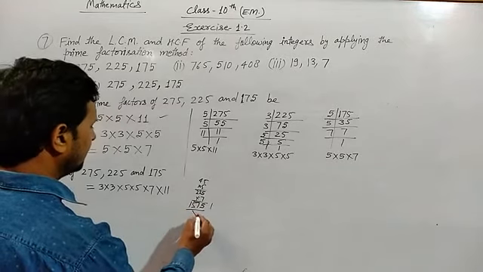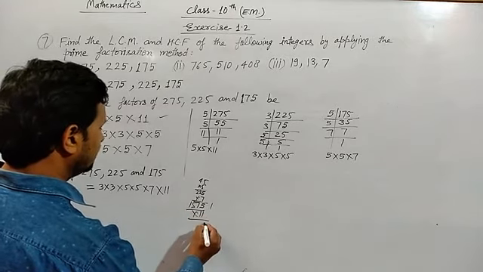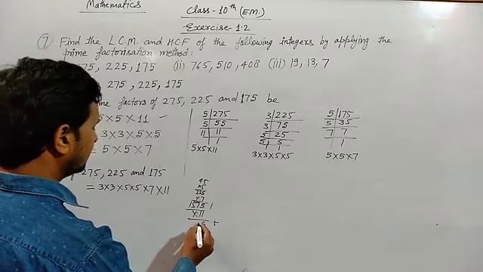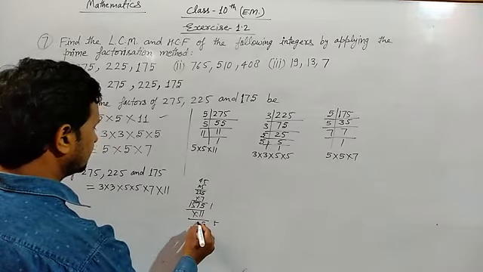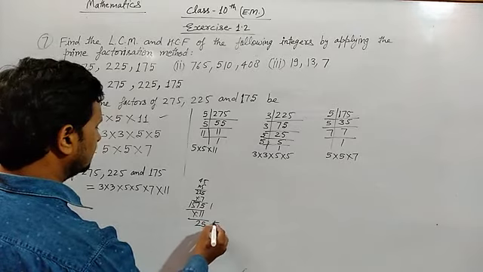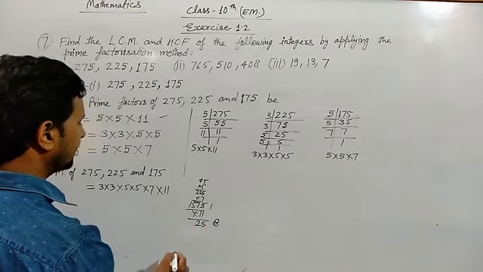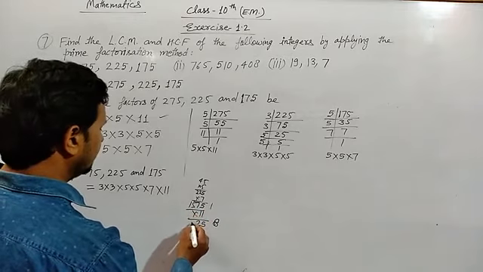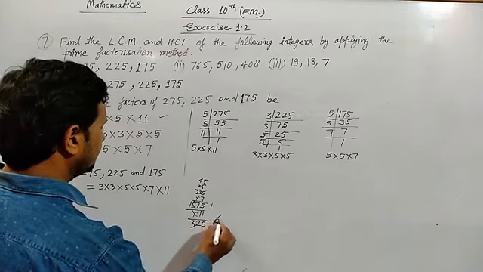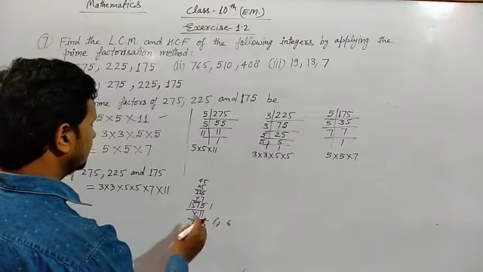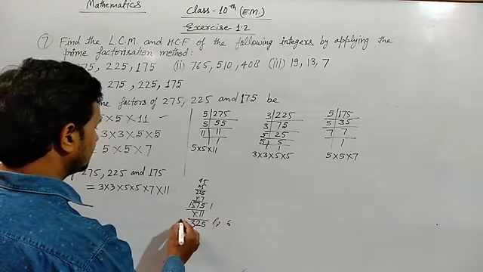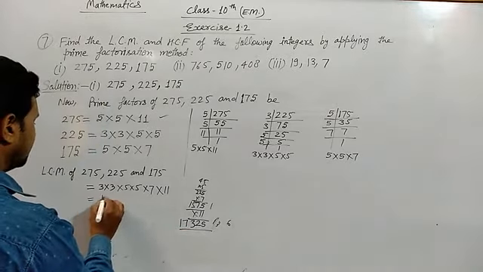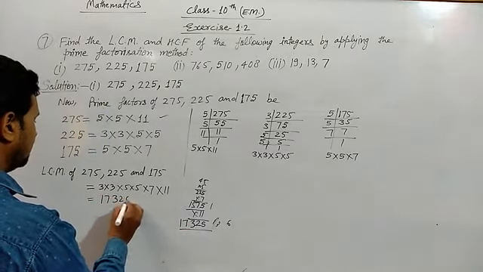Now again multiply by 11. 11 times 5 is 55, carry 5. 11 times 7 is 77, plus 5 is 82, carry 8. 11 times 5 is 55, plus 8 is 63, carry 6. 11 times 1 is 11, plus 6 is 17. So we get 17,325.